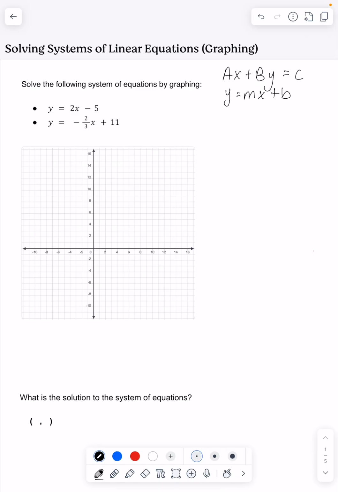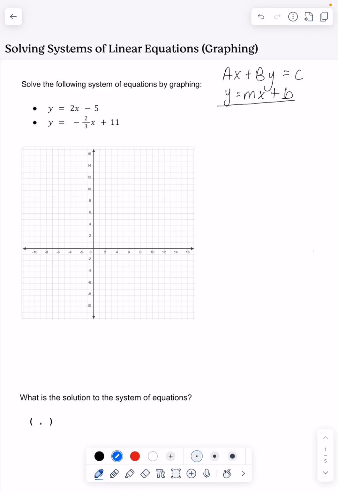If we look at the first two equations, these are already solved for y. We already have mx, something multiplying by x, and then just the constants, which would be the b's. So both of them already are in slope-intercept form.